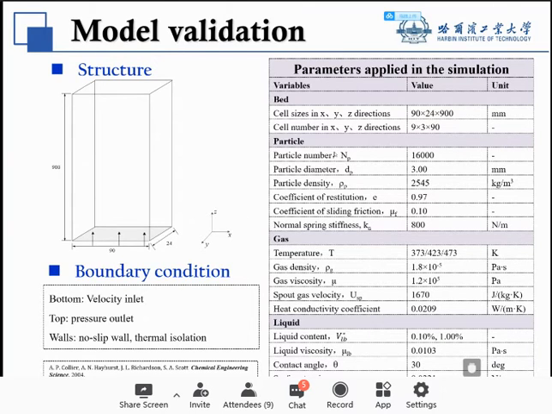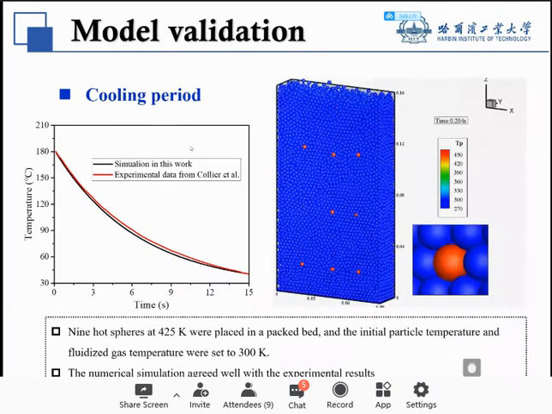In the table I introduced the parameters applied in the simulation, including the bed size, particle parameters, gas parameters, and liquid parameters. If you introduce the parameters in detail, the readers of your paper will get more accurate information.